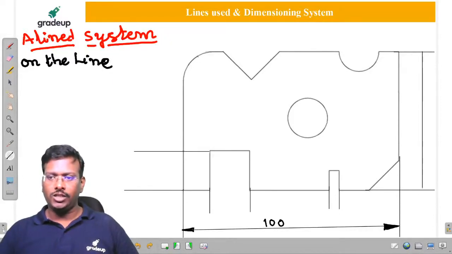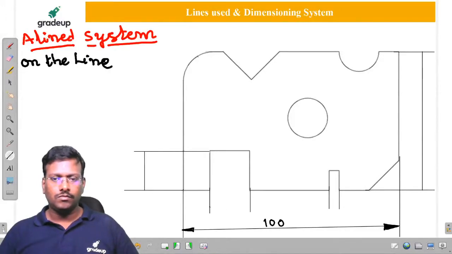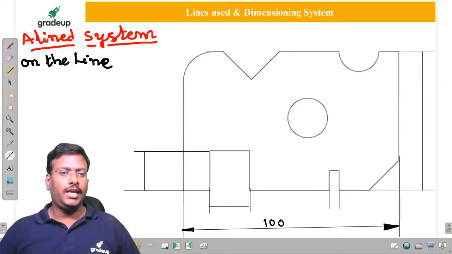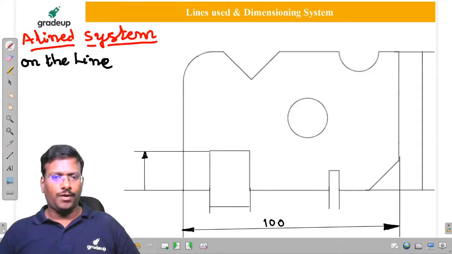Wait for a minute. I'll discuss all this. Sir, here if you observe, I am going to give the arrowheads also. I am not drawing perfectly, just follow, my dear friends.